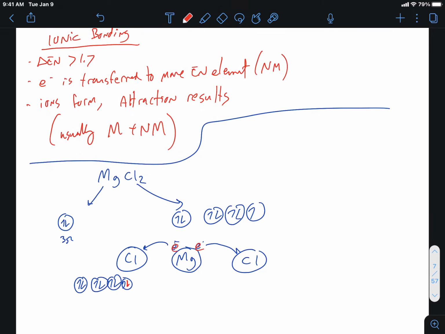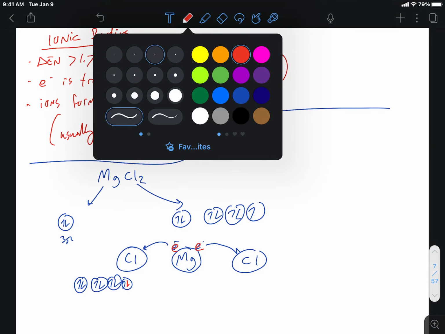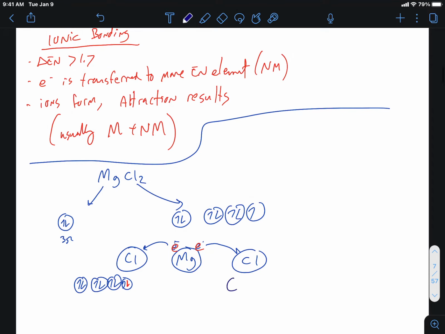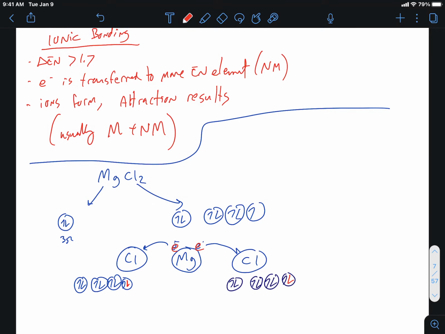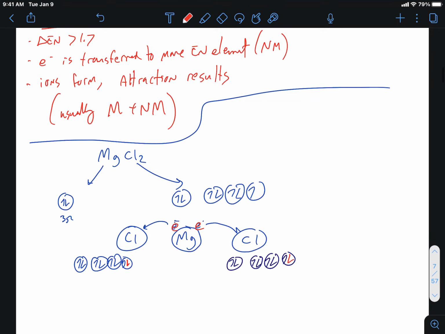We'll make that electron red. And so does chlorine on the left. Now, when magnesium gives away its 3s2 electrons, it now has a full octet in energy level 2.